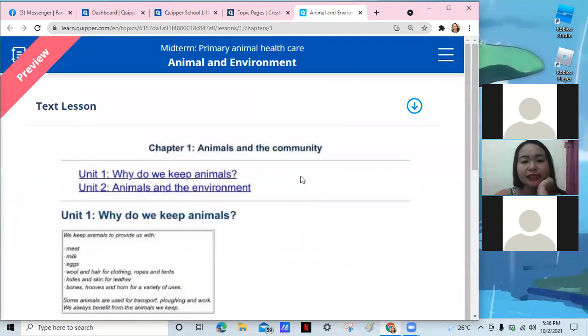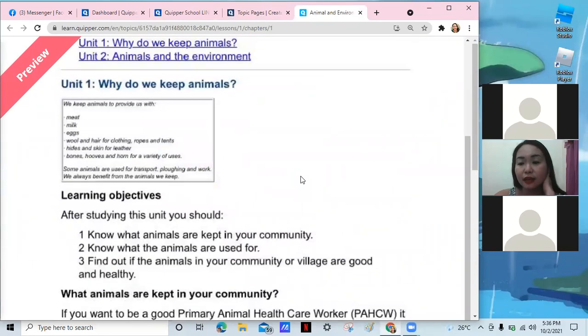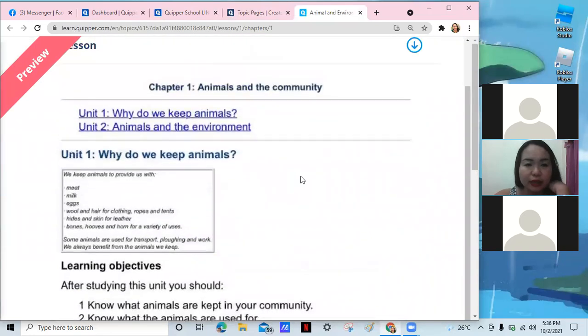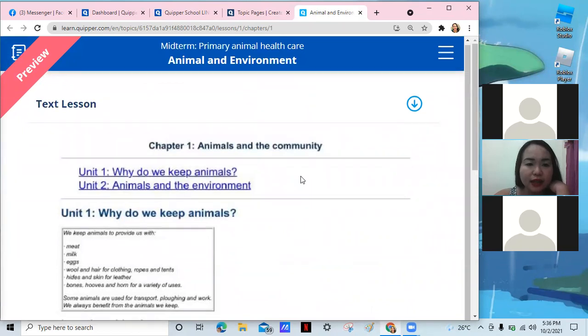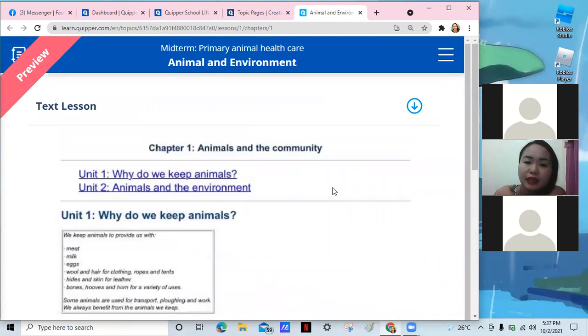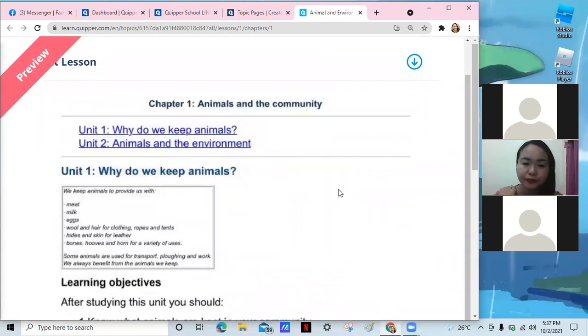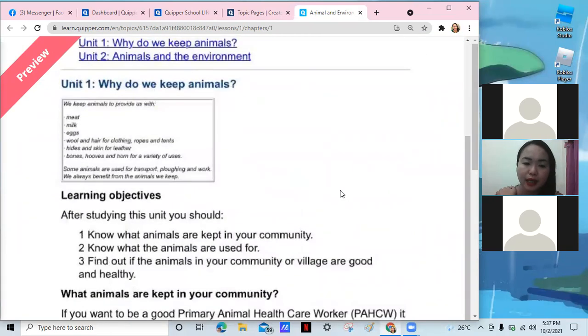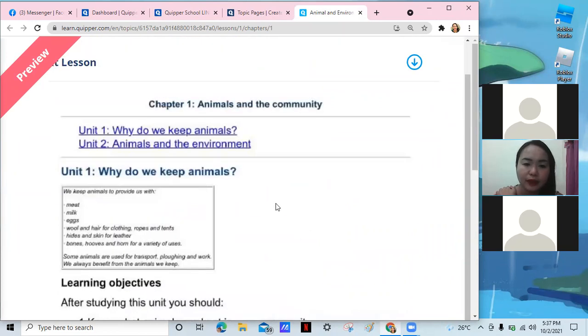Okay, so this is about the animals and the surroundings around us. I got this from the Food and Agriculture Organization. They published a module on animal health care. So in this unit, we should know why we keep animals.